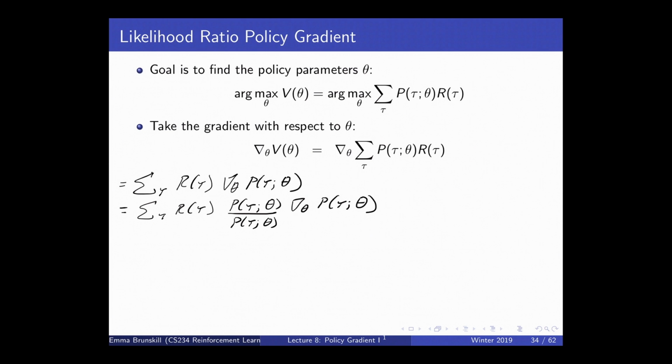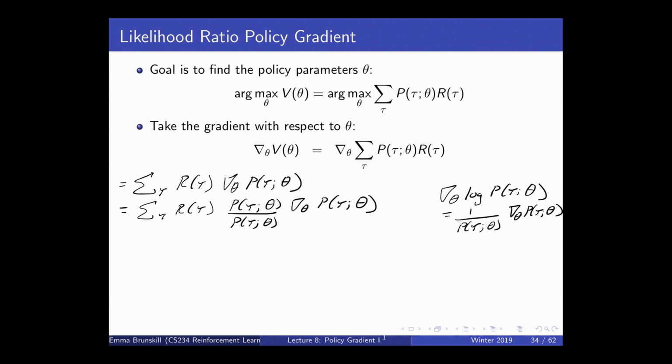If we instead took the derivative of the log of the probability of tau given theta, that is exactly equal to 1 over the probability of tau given theta times the derivative of p of tau given theta.